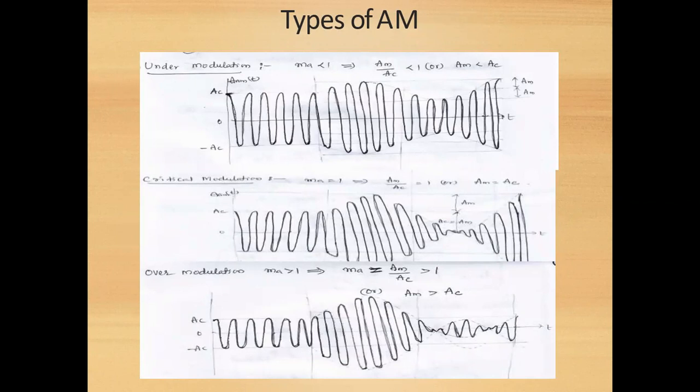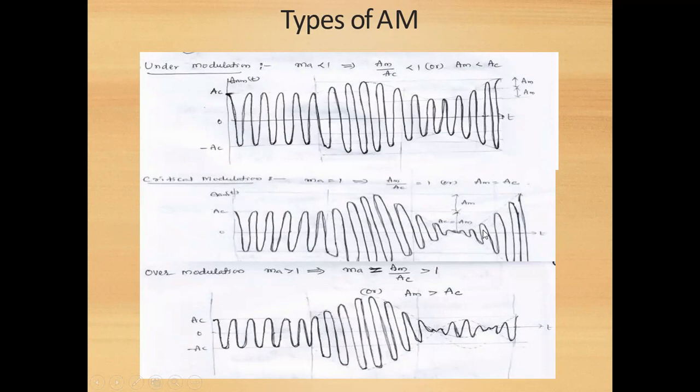If it is under modulation, the waveform looks like this, a fish-like structure. Here Am is less than Ac. By varying the message signal amplitude or the carrier signal amplitude, you can clearly observe under modulation, critical modulation, and over modulation.